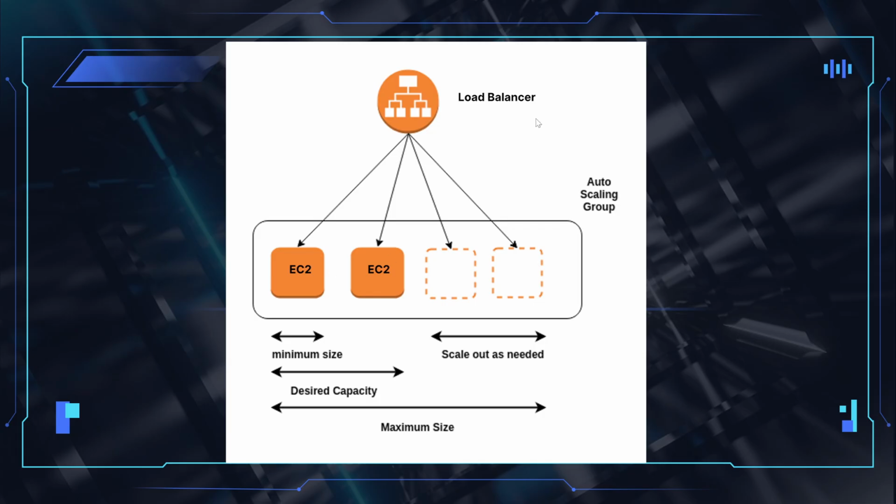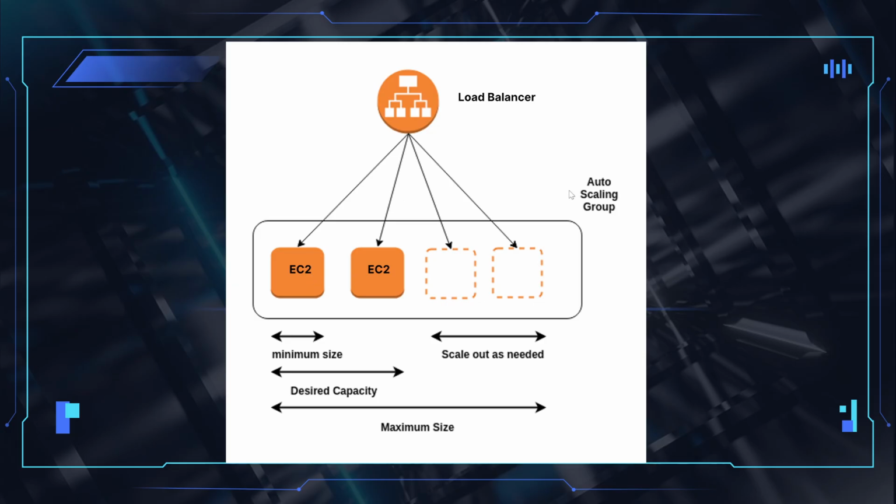Now let's say that at a particular time, for example after every 1 hour, there is a high load on your server. At that time this EC2 instance will not be capable of handling all the requests.